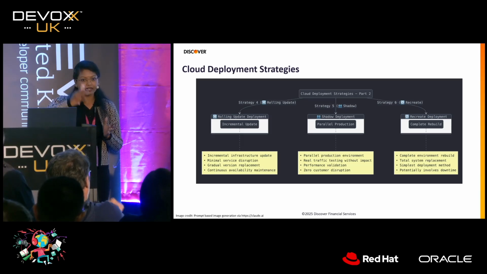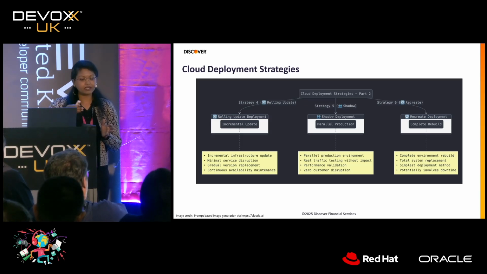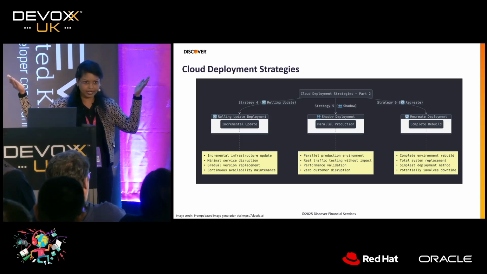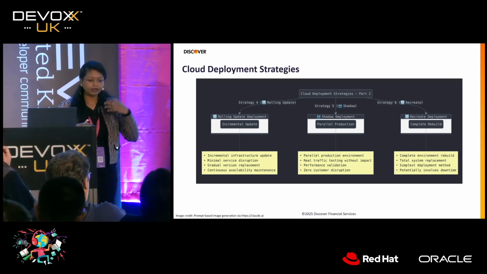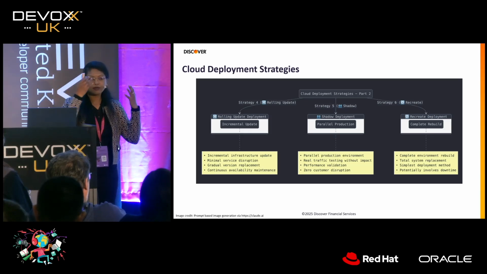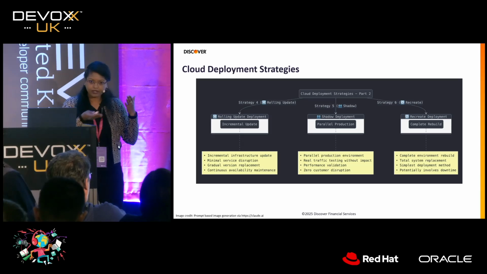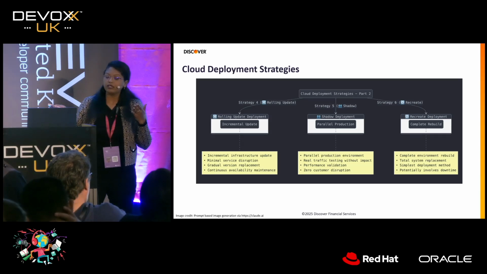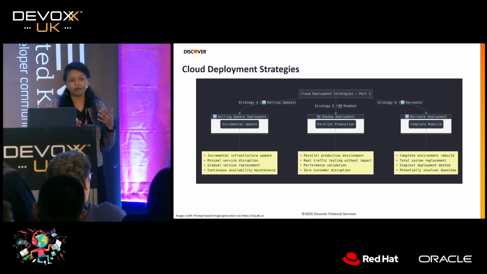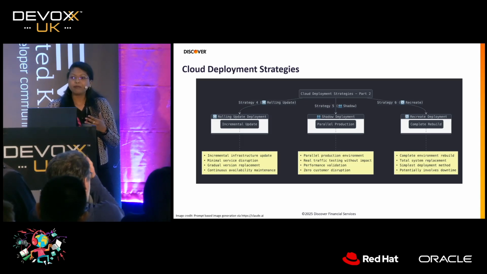We build a parallel environment of our on-premises, on cloud, and make sure our user requests are coming on both the sides. So both on-premises and cloud are doing the same functionality. But our system of record is still on-premises. We'll send the result out from the on-premises. But we get a chance to compare our cloud against on-premises. Are we matching the result?